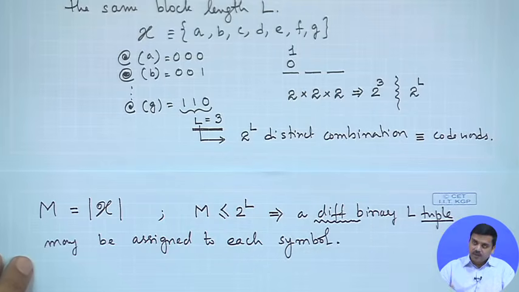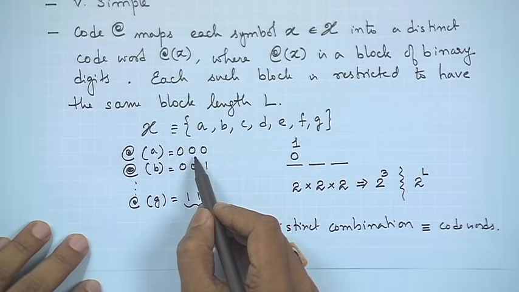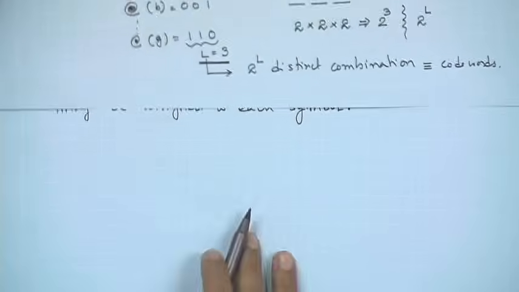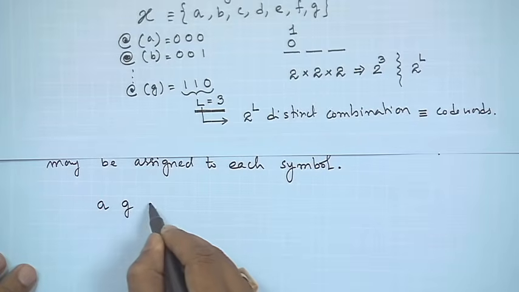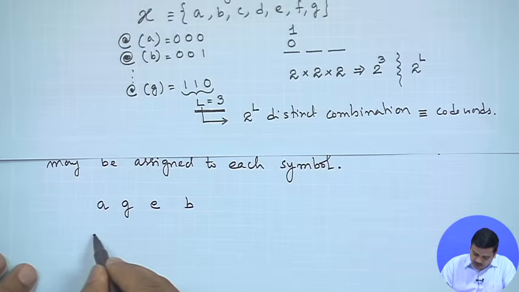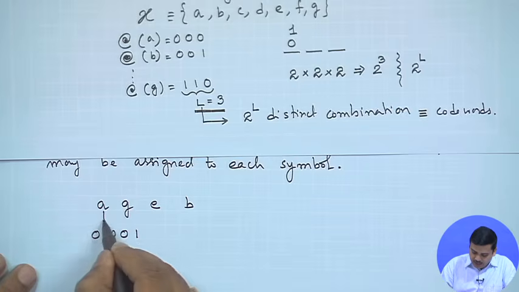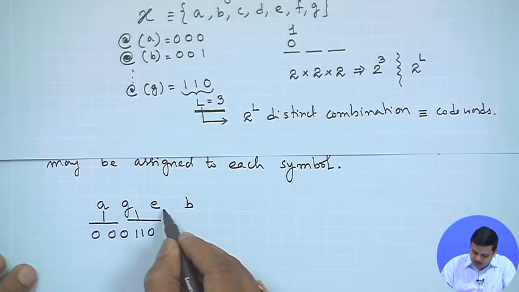It should be different, because if it is not different, at the receiver what we are getting is only a sequence of zeros and ones. This is clear from here. I have this source, I will map it to these sequences. So at the receiver, suppose I am sending A, G, E and so on, B, what I am going to get is 000 for A. For G, you are going to get 110.